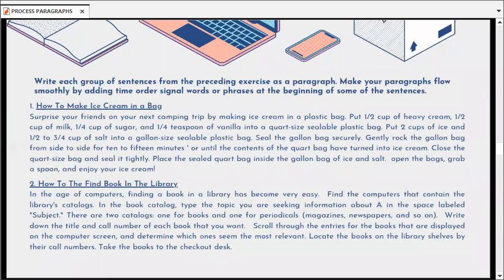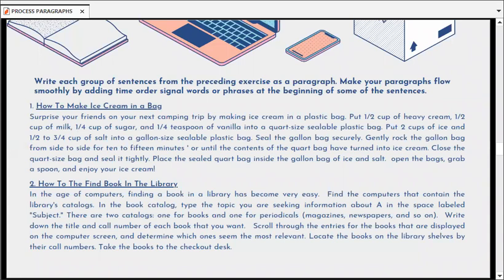The catalog is for books, and there is another for periodicals, magazines, newspapers, and so on. Write down the title and call number of each book that you want. Scroll through the list of books that are displayed on the computer screen.